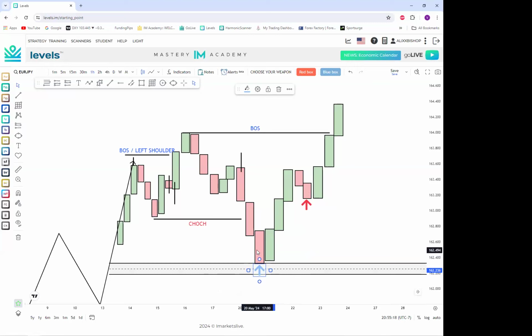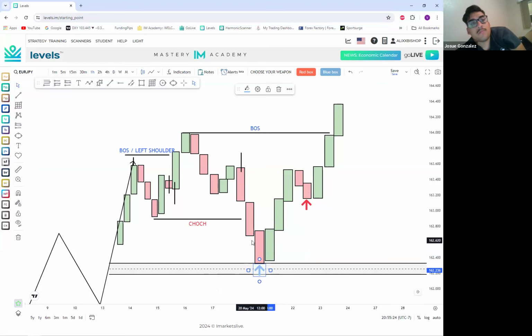I would say it isn't the blue one because as the market broke structure, you have to go back to the last selling candle, and the starting point is the candle at the red arrow.